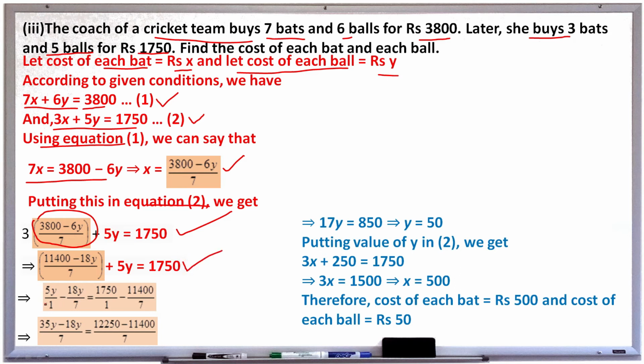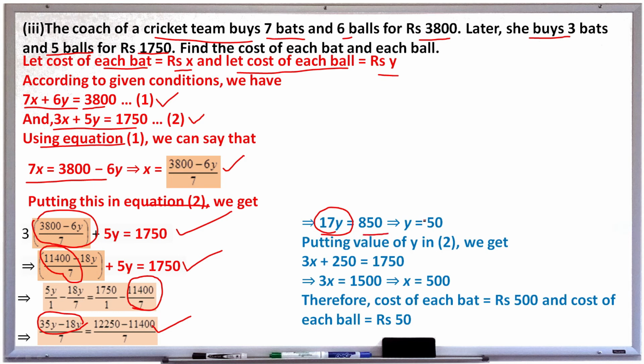Now by simplifying you will get 5y minus 18y by 7 equals 1750 minus 11400 by 7, bringing it to the right hand side. Afterwards taking LCM you will get 35y minus 18y is equal to this value on the right hand side. By simplifying, 35y minus 18y will make 17y, which is equal to 850.